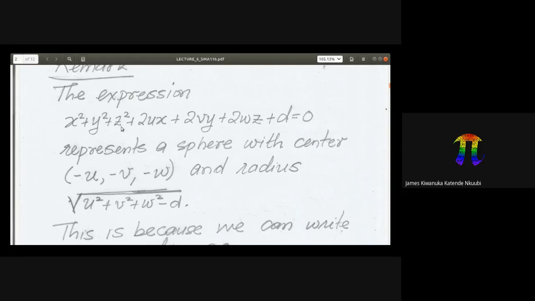And to complete the one for z, you will need to add w squared, right? And when you add them, you must subtract them again. And then when they move to the left-hand side, they will definitely be the square of the radius, and their square root now will be the radius.